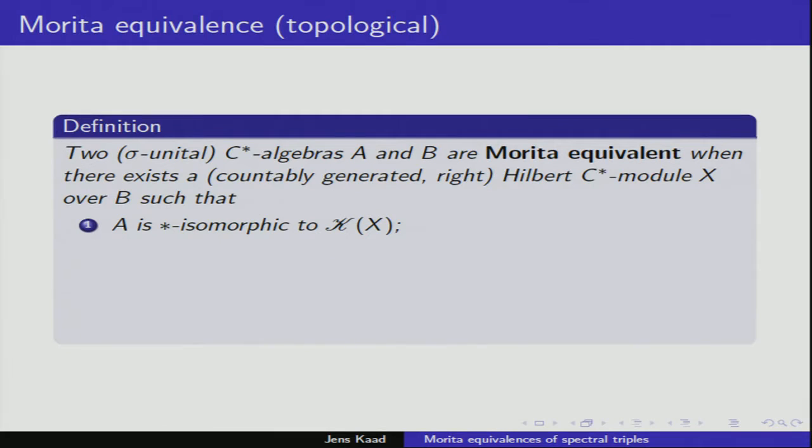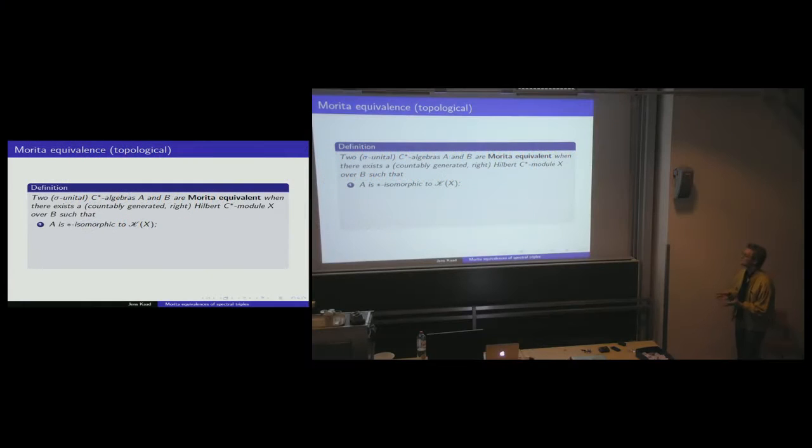The first one is that A has to be isomorphic as a C-star algebra to the compact operators on this C-star module X. And these compact operators are not compact in the sense of Banach spaces. They're compact in the sense of C-star modules.